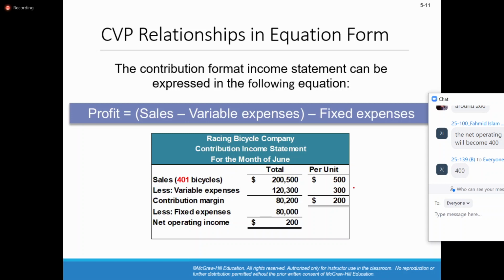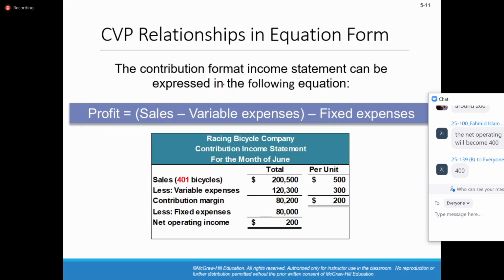So using algebraic formulation, we can also make a mathematical equation to understand what we just have done. Okay. So what can we do? We can express the relation we discussed in equation form.